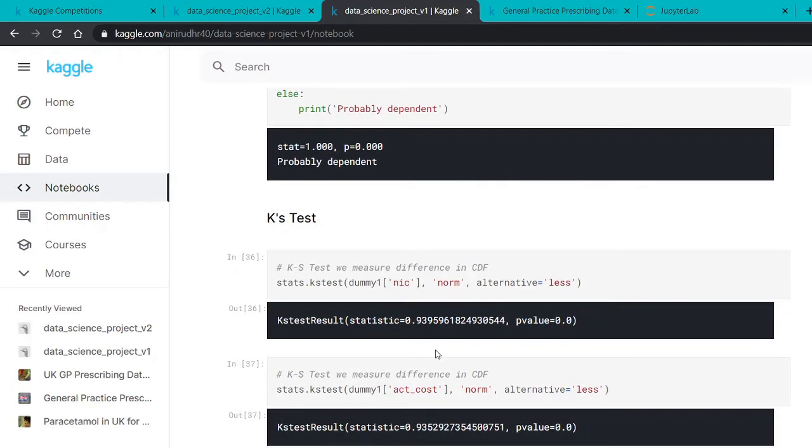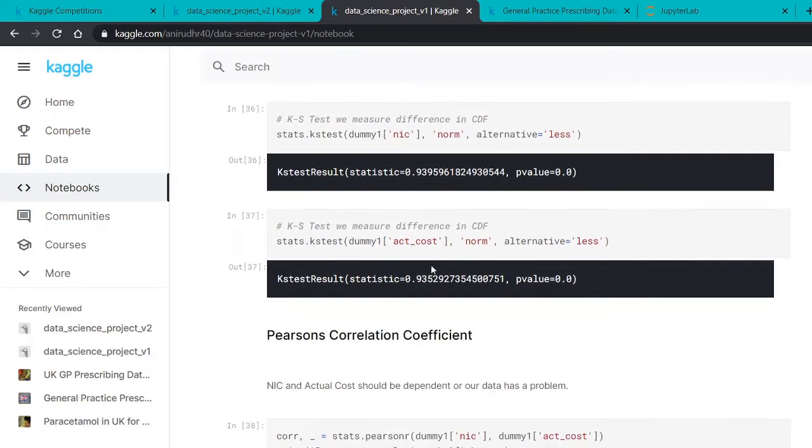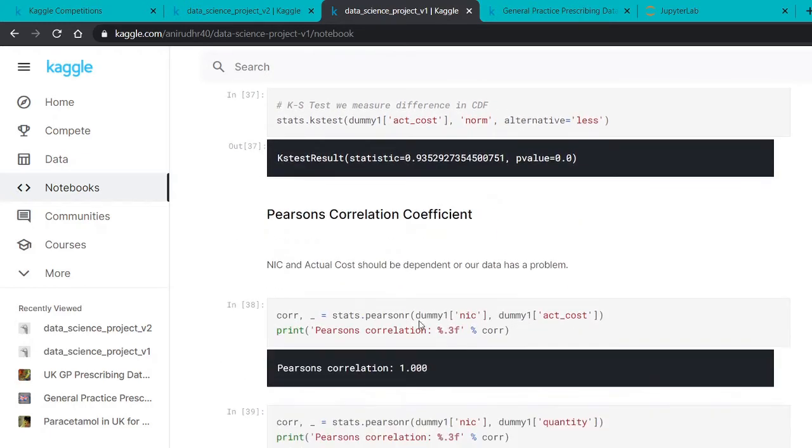The K test is also used to say whether they are Gaussian or not, and that's also done here. And then there's something called the Pearson correlation coefficient. As I said initially, NIC and actual cost should be dependent, so we proved that they're dependent using hypothesis testing.